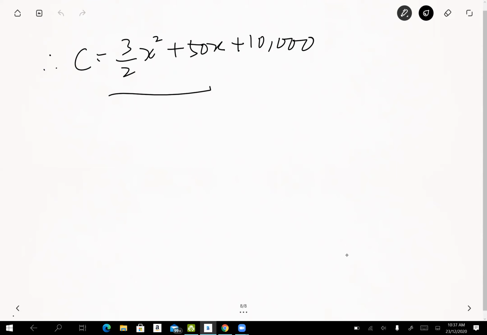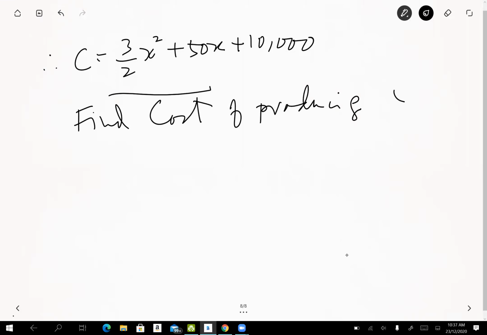Example number 2, I think we can do that also for this example. So now, let's say I want to find the cost of producing 550 units of output.